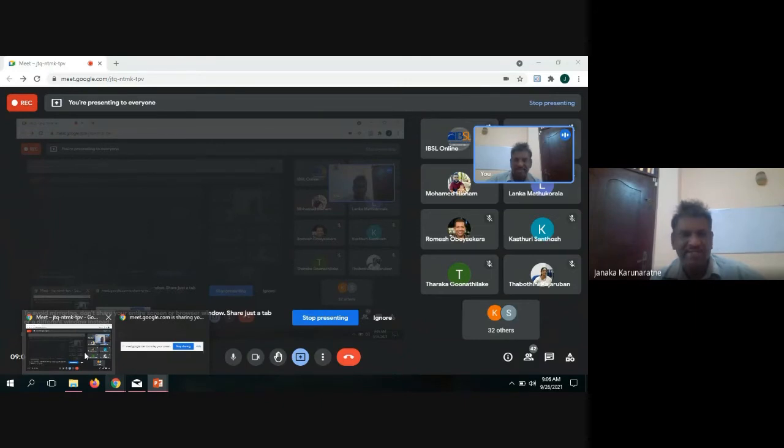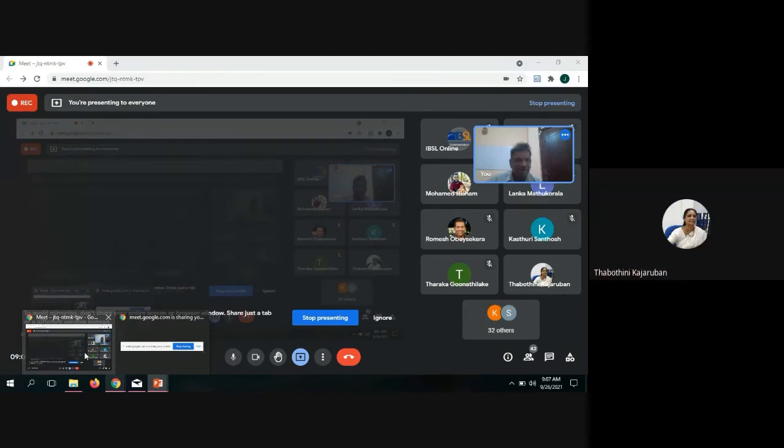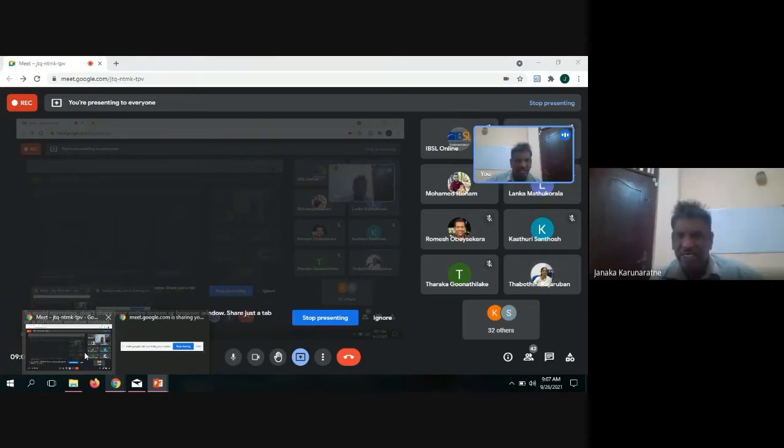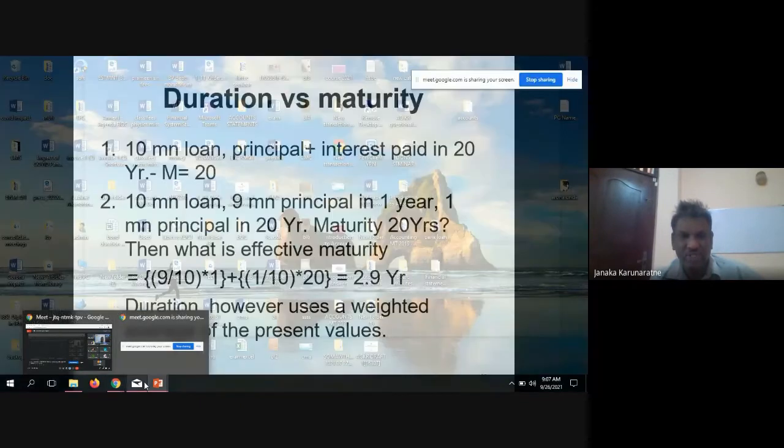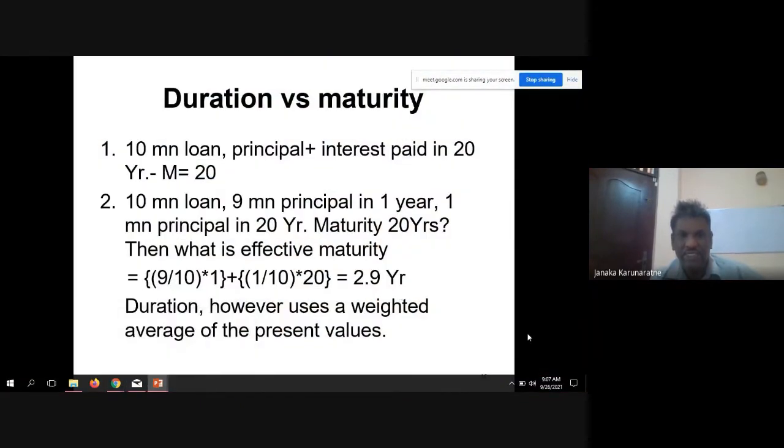Anyone? Maturity is 20 years, but in between there are two cash flows. Yeah, exactly, you are right. Maturity is 20 years because you will recover the loan after 20 years. It's true that there are in-between cash flows, but the maturity is 20 years.